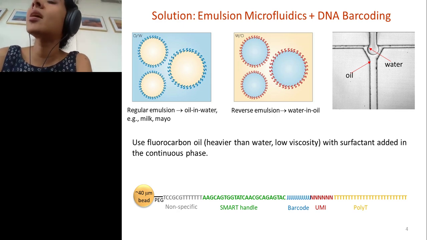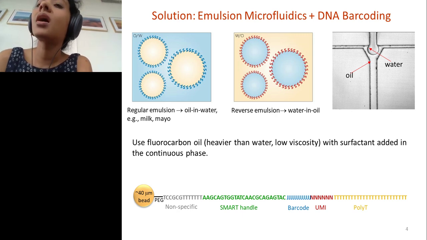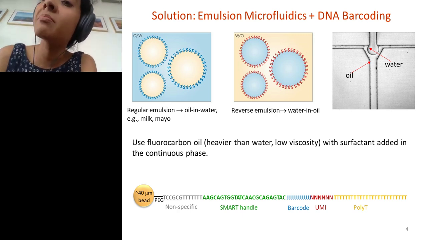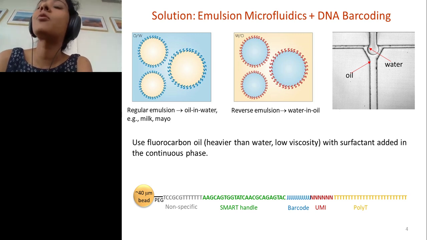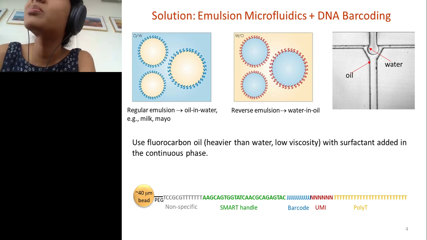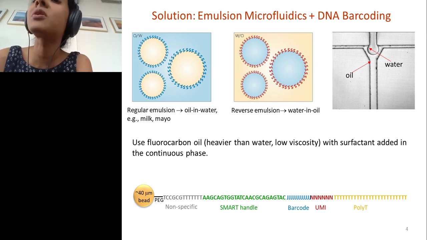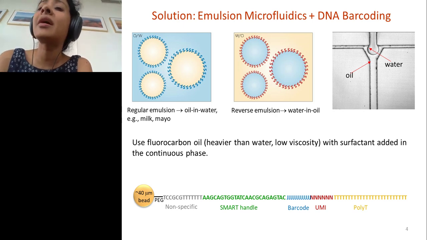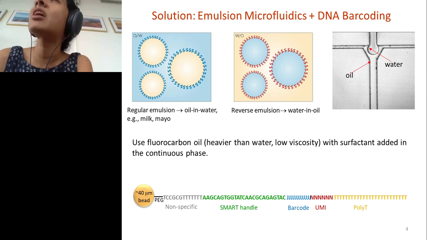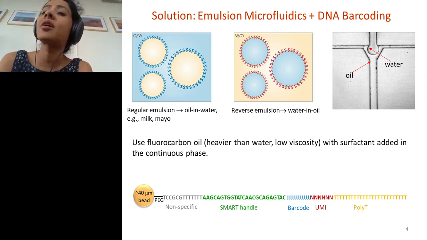For the technique that I am going to be talking about mainly, this DNA barcode is attached to a polystyrene bead, actually a PMMA bead, that is 40 microns in size. And there are many such DNA barcodes attached to the surface of this bead with PEG linkers. And by our estimation, it is roughly 500 million of these DNA barcodes that are present.